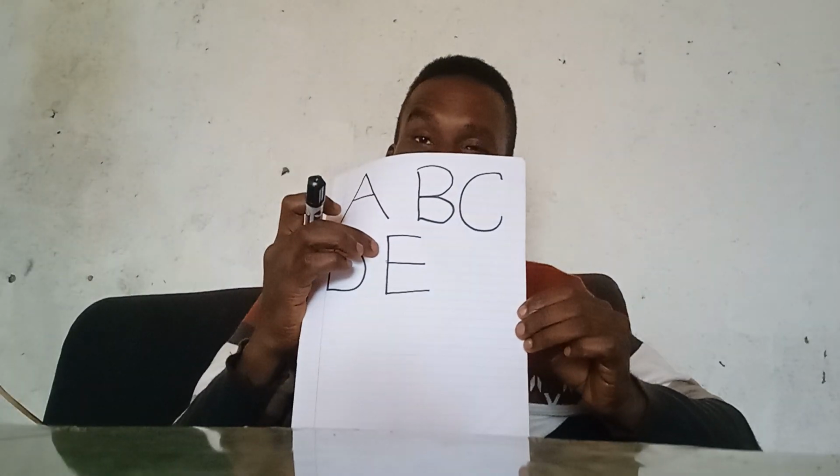Oh, good. Now let's come to alphabet E. Don't look at somebody's work while they're still writing. You check after, when you're showing. This is alphabet E.